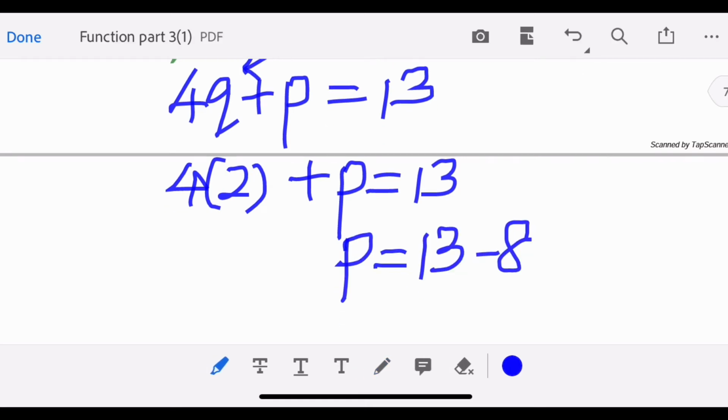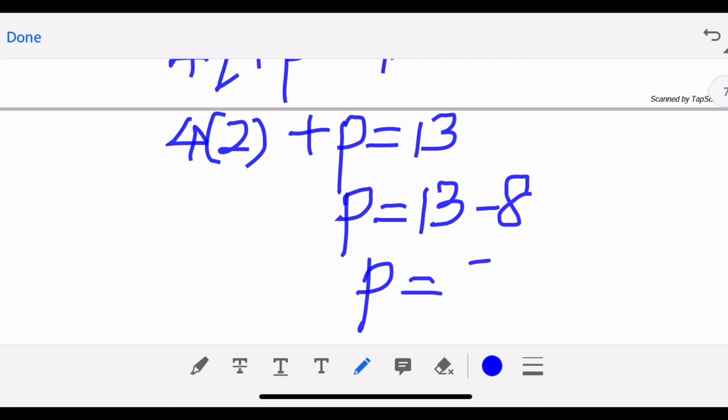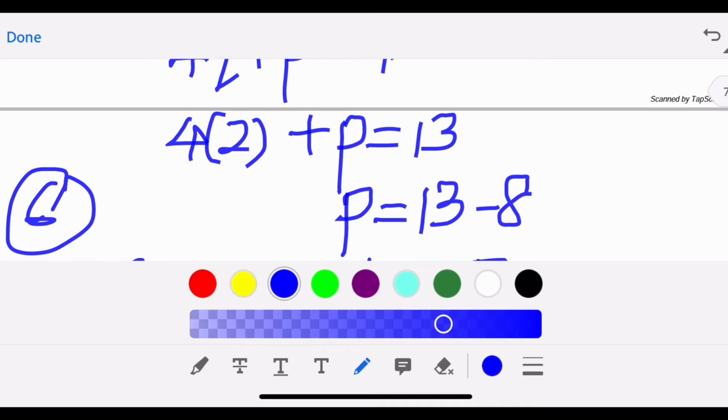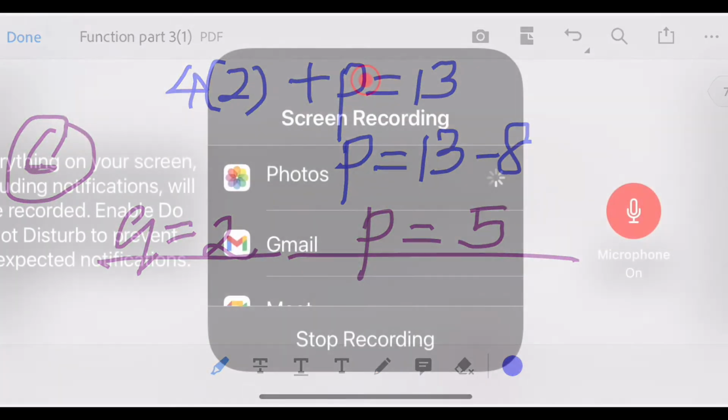So your answer is p equal to 5, right? Okay, quite many of you actually get the answer correctly, but still some students are not sure how to do. So for question number 6, the answer is q equal to 2, p equal to 5. Alright, okay, got it?